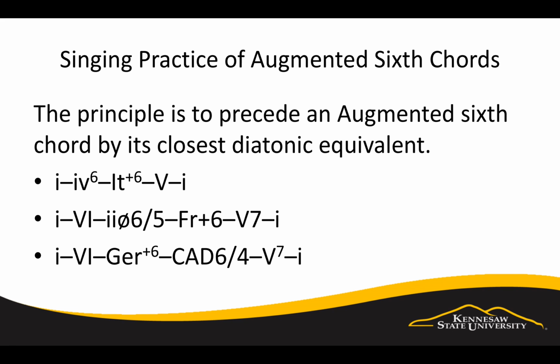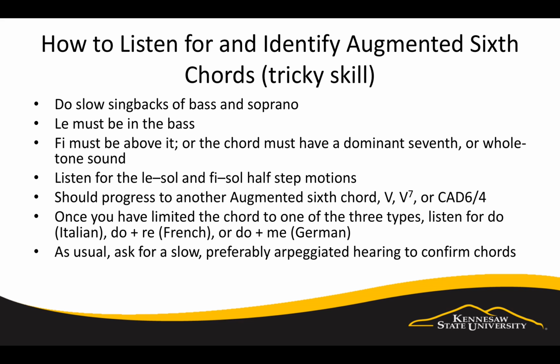It's also a good idea to compare the diatonic sources of these chords with the chromatic augmented 6th chord so that you can distinguish these when you later hear them in a dictation. How do we listen for and identify augmented 6th chords? This, unfortunately, is a very tricky skill.